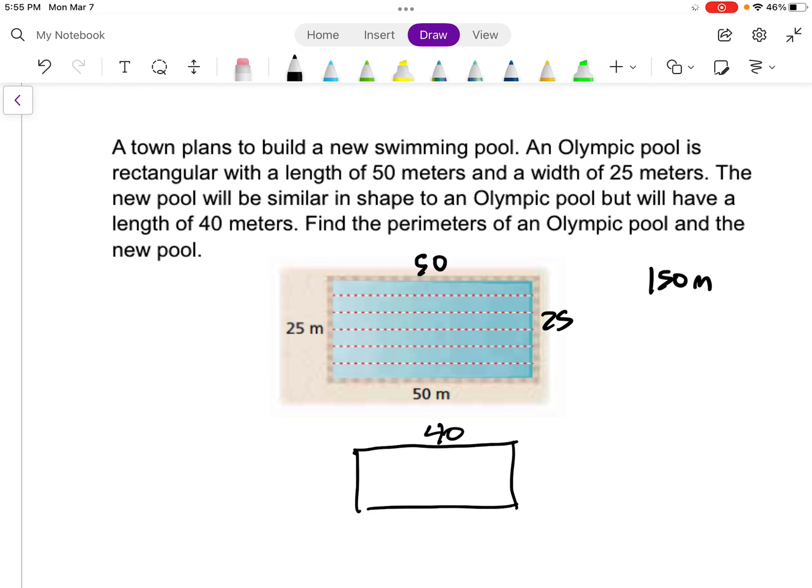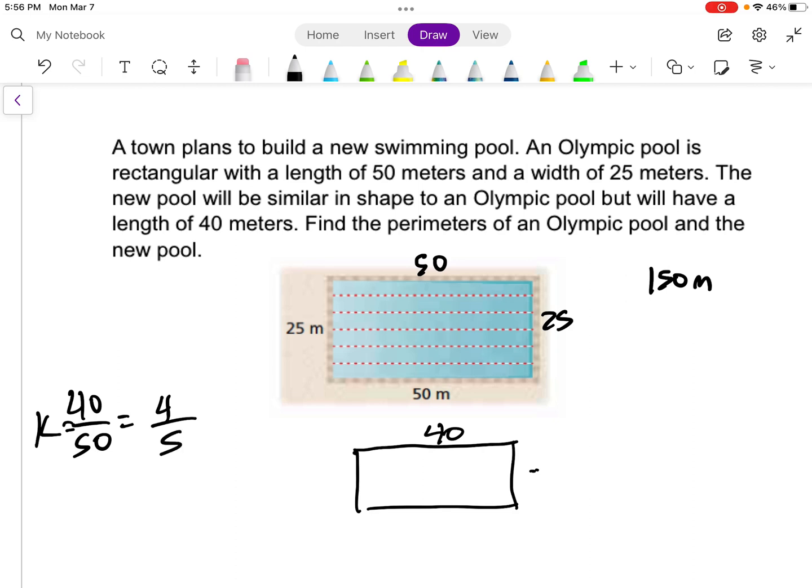Well, I could use proportions to find this side, but there's another way we could do this. If I know the ratio of the two pools, what I mean by that is I can compare them. I'm going from the big pool to the little pool. So I'm going to put the 40 and the 50 together. I'm going to put the 40 on top because I want it to be less than 1. And if I reduce that, my scale factor comes out to be 4/5.